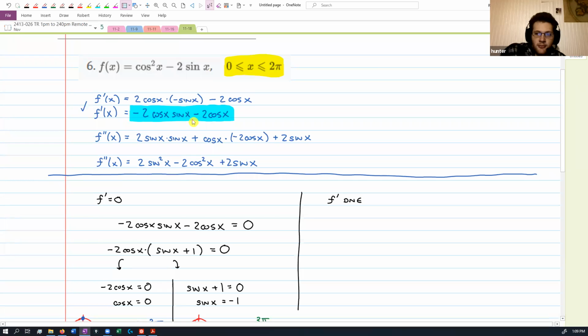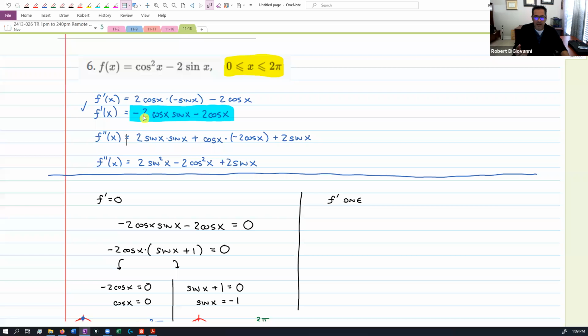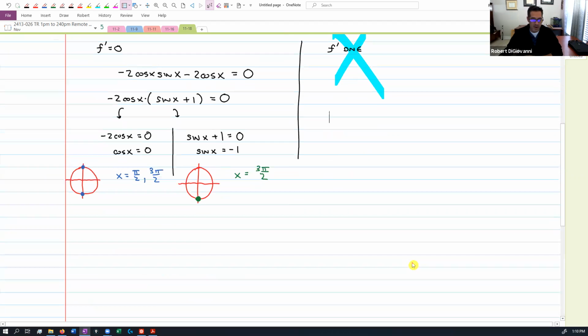Not to my knowledge, because sine and cosine are both nice functions, defined everywhere. You should never be able to plug a number in and get undefined. Type in sine of any number into your calculator and you're going to get an answer. Cosine of any number, you're going to get an answer. So we have no issues here. All right, so we only have 2 critical numbers.